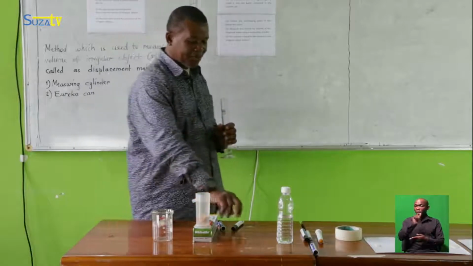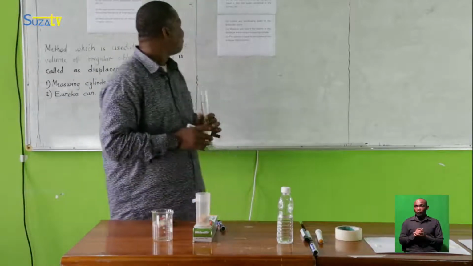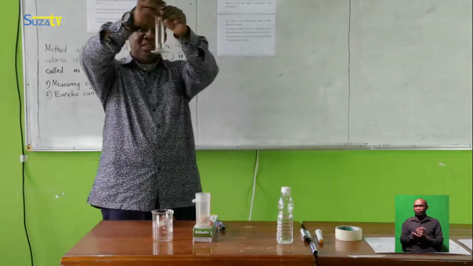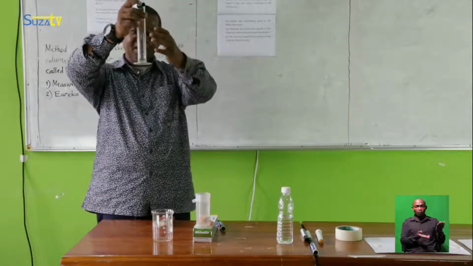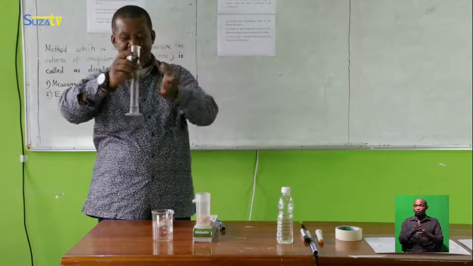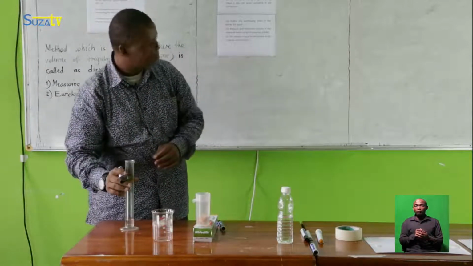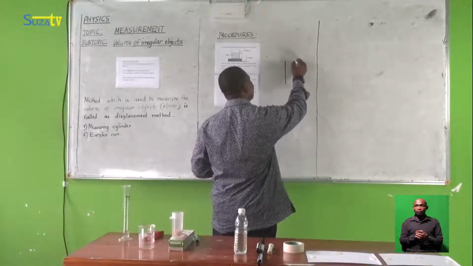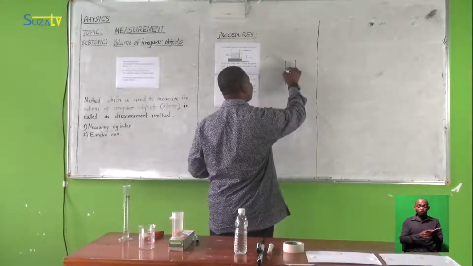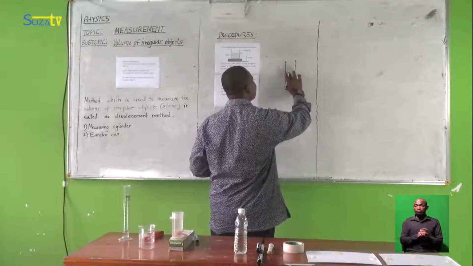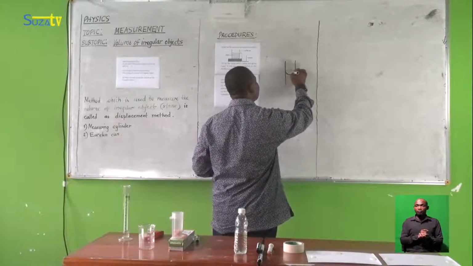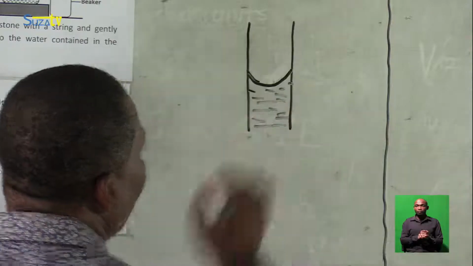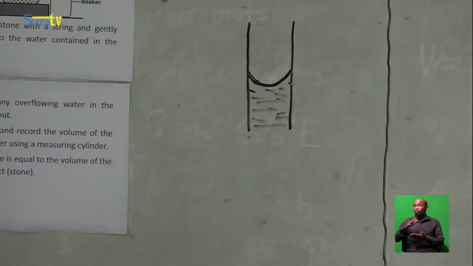By the use of your pen, we have to measure first of all, but be careful when you are measuring the volume of the liquid in the measuring cylinder, because this is glass. This is a part of the measuring cylinder. We can see some water inside the measuring cylinder.